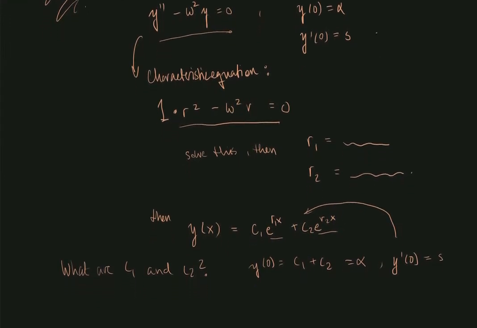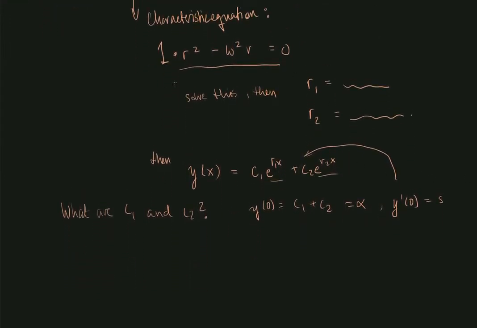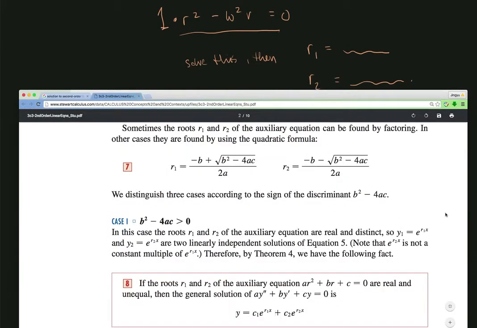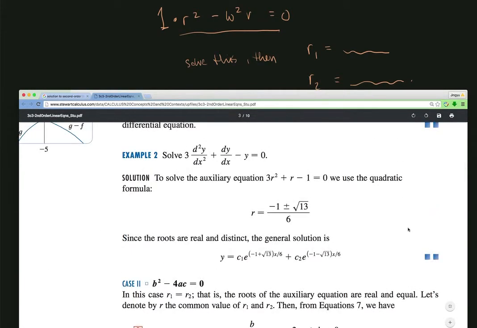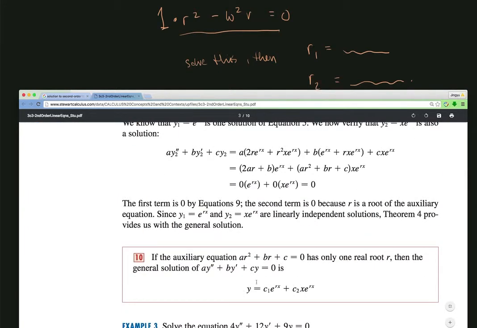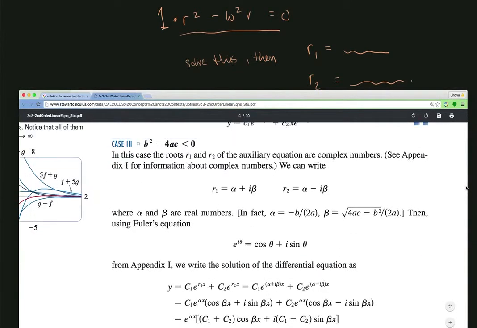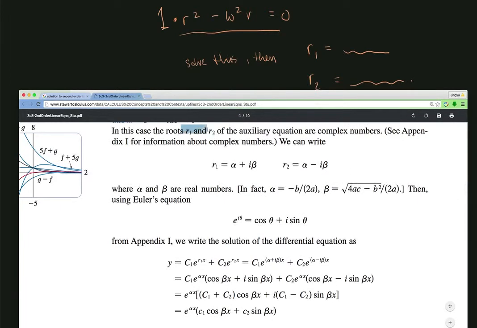Now, something interesting happens if this characteristic equation does not have any real roots. So let's go back to the PDF I found on the internet, which is oh so sweet. This is a really good book, by the way, that I can recommend. I don't know who wrote it, but it's quite nice. So there is a third case, where I have to consider if the roots R1 and R2 are complex numbers. Then we can write R1 as alpha plus i beta and R2 as alpha minus i beta.